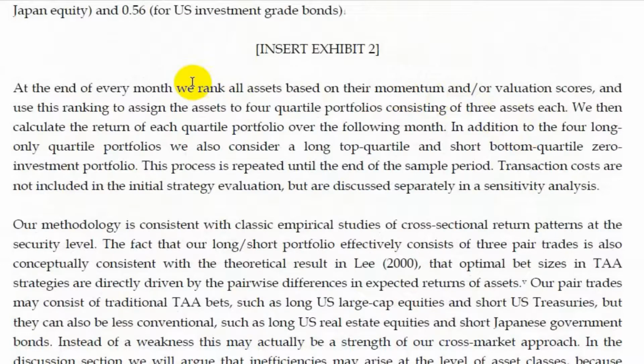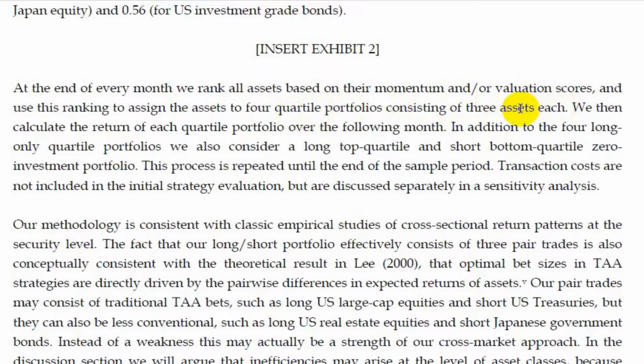Okay, so it looks like what they're doing is every month they rank all of the asset classes according to their momentum and or valuation scores, and they put them into quartiles. So that's four different portfolios with 3 assets each.